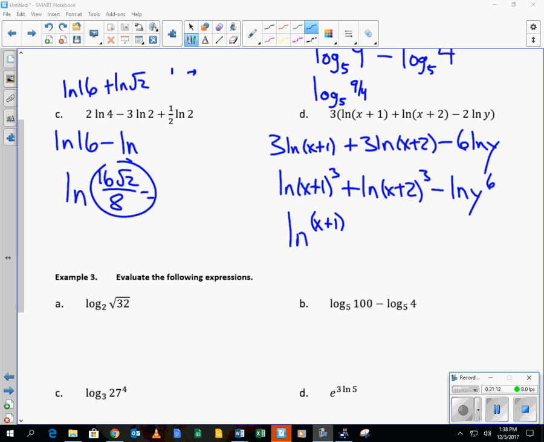X plus 1 to the third times x plus 2 to the third. I have addition, so I multiply. I have subtraction, so I divide.